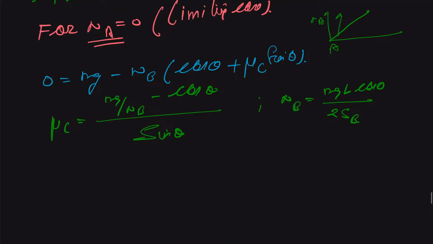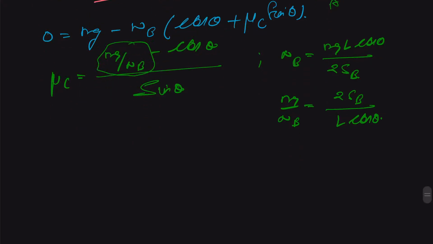Therefore, we need this ratio, so you can easily write it from here. We can say that mg upon N of B will be equal to twice S of B over L cos theta.